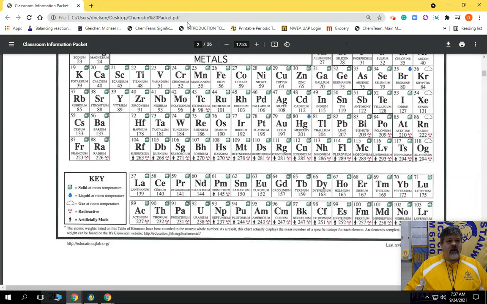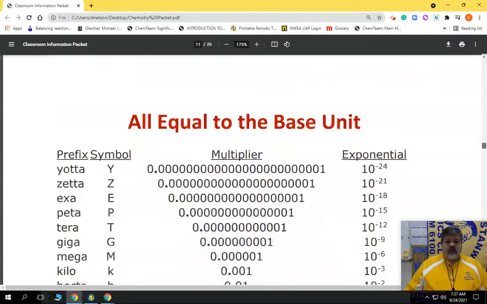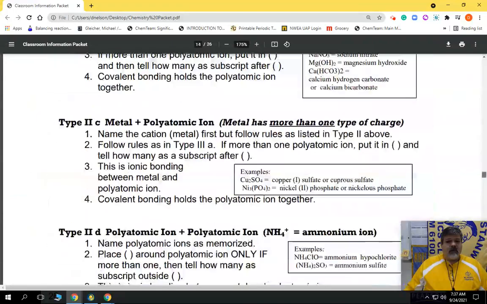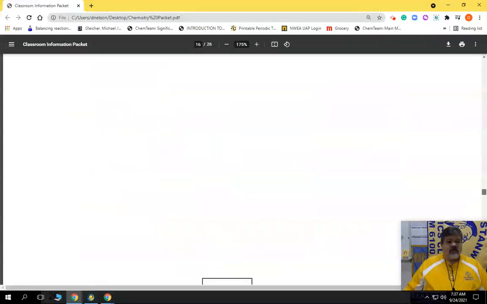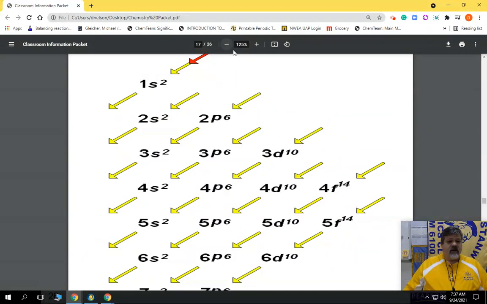And if we went back to our example that we have right here, you'll notice that if I shrink this up just a little bit, that's the way that it goes. And notice that I have 6s2, and then I have 4f14, and then 5d10.